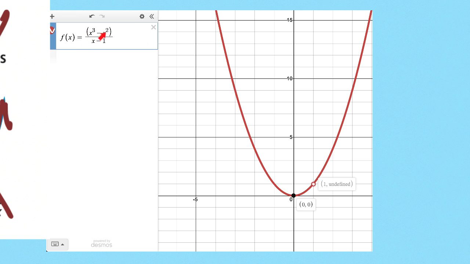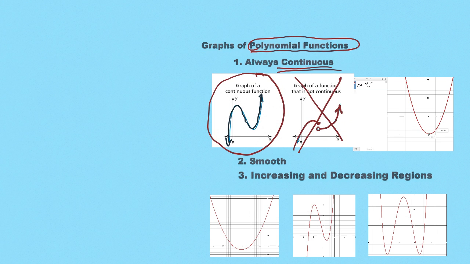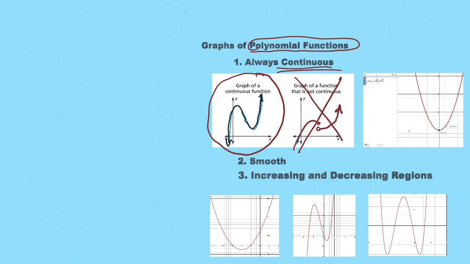It's x cubed, x squared, that's okay. But see, we got an x in the bottom. And we'd have to take this whole thing to the numerator and put it all to a -1 exponent. This thing is not a polynomial. Looks like a polynomial, but it is not continuous. It's got that gap in it. And if I were to trace it, I'd have to pick up my pencil, jump over the hole, and then continue. So graphs can be a little misleading if you don't look at them really close.